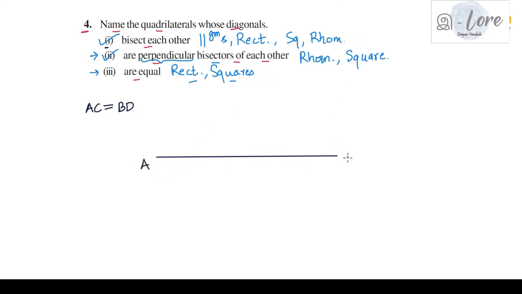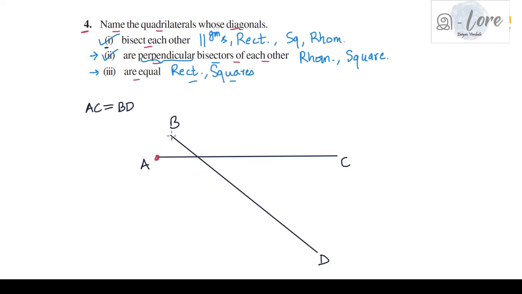So let's say that this is the diagonal AC. And now let's draw another segment BD that is equal to AC, but the two are not bisectors of each other. So let's say that we draw BD like this. So BD is equal to AC, but AC and BD, as we can see, they do not bisect each other.